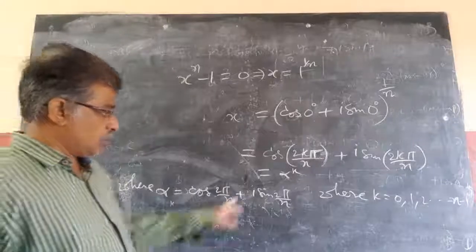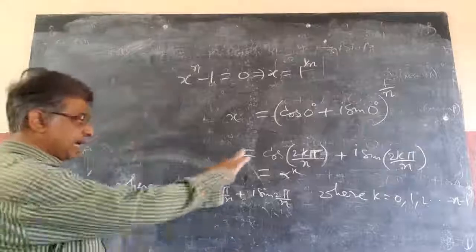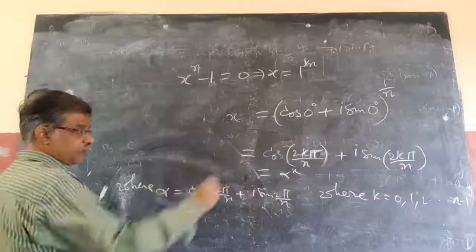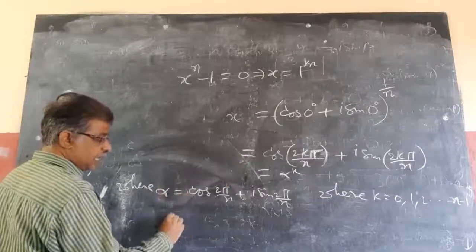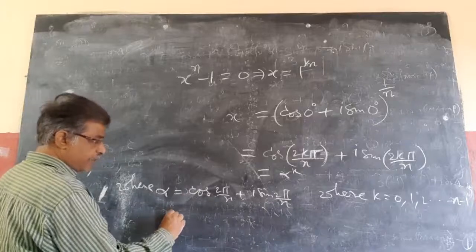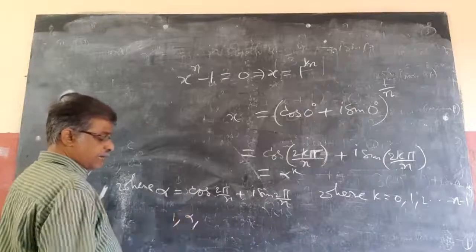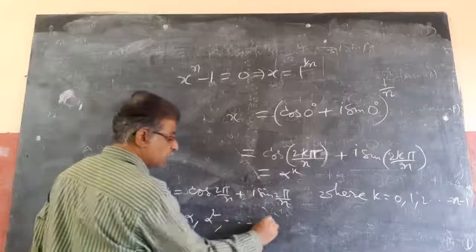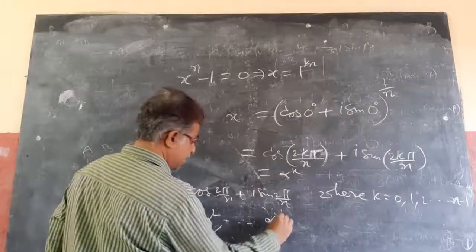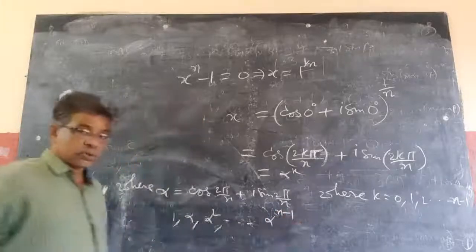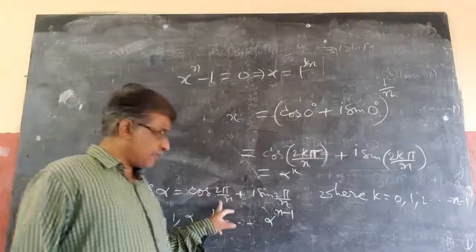So the nth roots of unity are alpha power 0, which is 1, alpha power 1 that is alpha, alpha square and so on, alpha power n minus 1. These are the nth roots of unity where alpha is this.